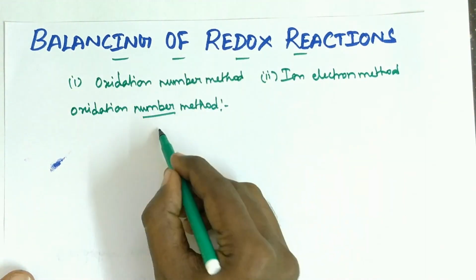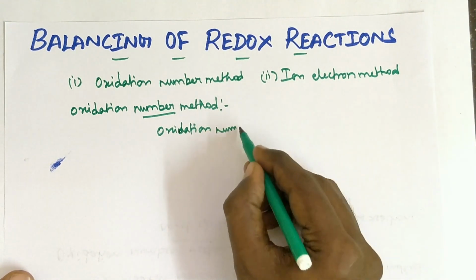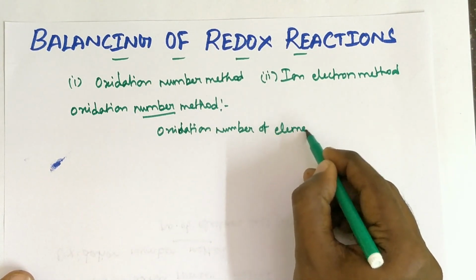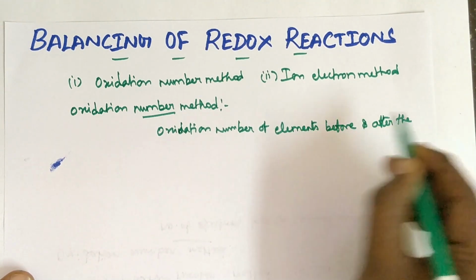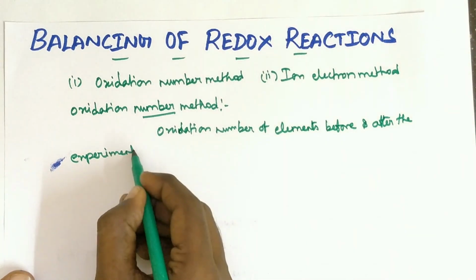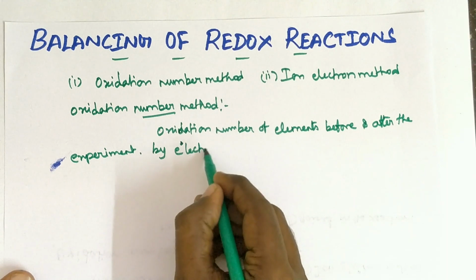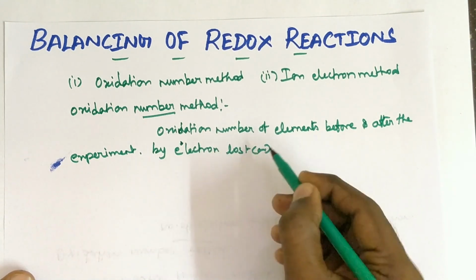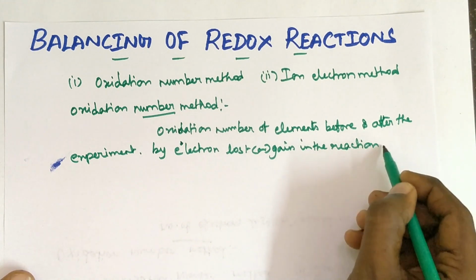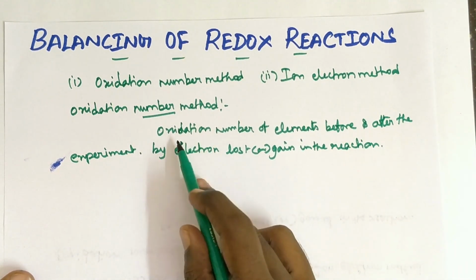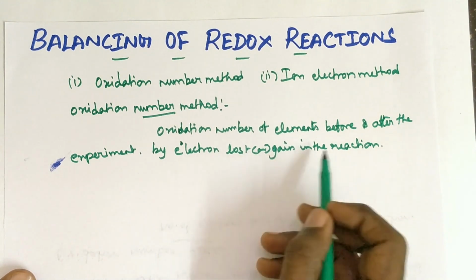In this method, the oxidation number of elements before and after the experiment is calculated by using the electrons lost or gained in the reaction.